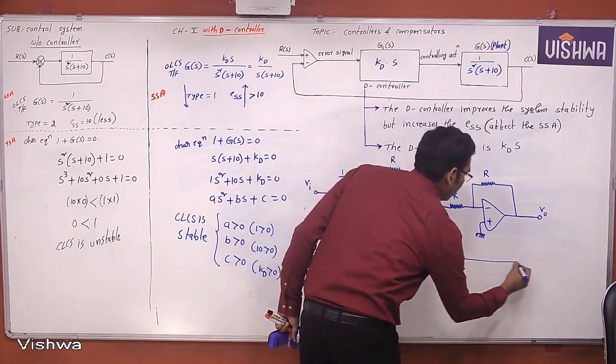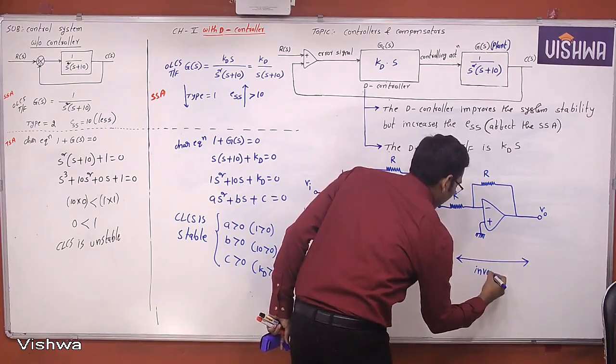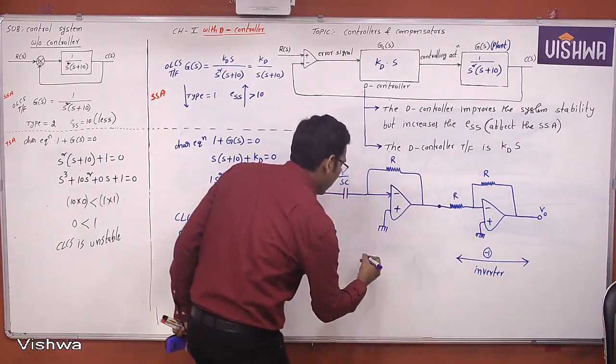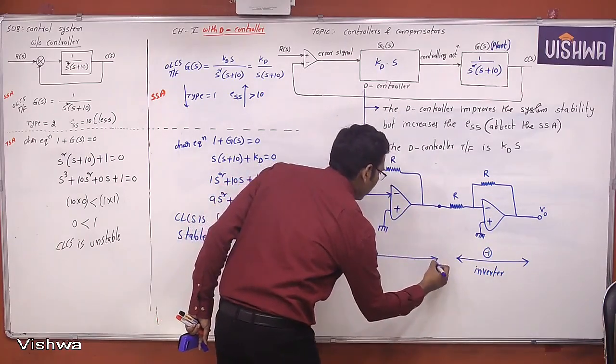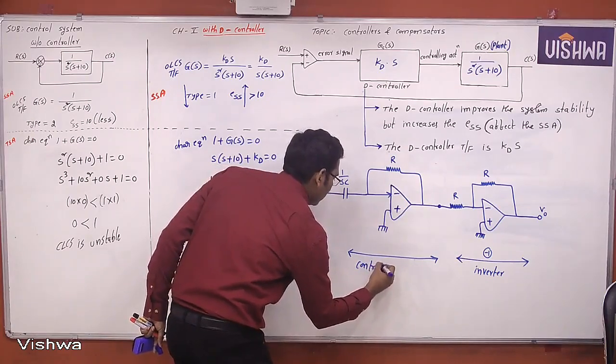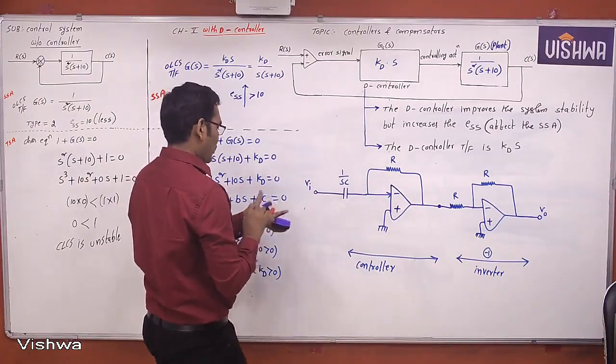Now this is the inverter, you know that, to compensate that minus. And this part is our controller. Now see here.